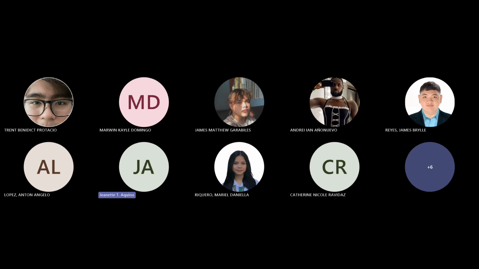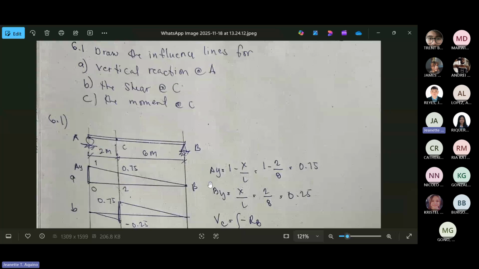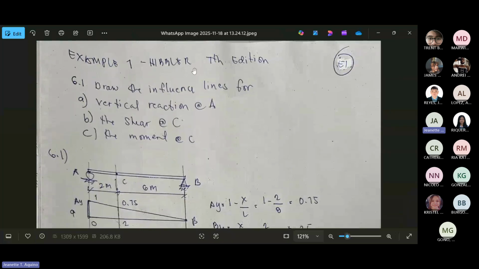Okay, so I have here one example from the Hibbeler 7th edition.